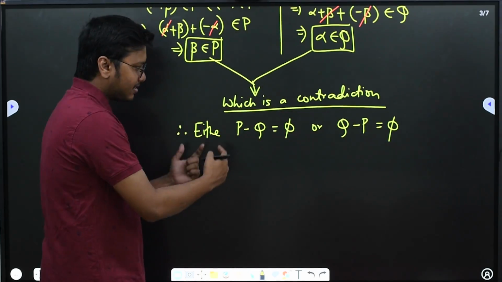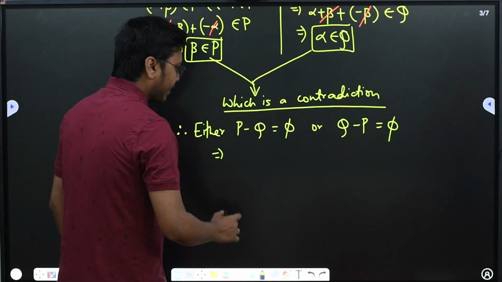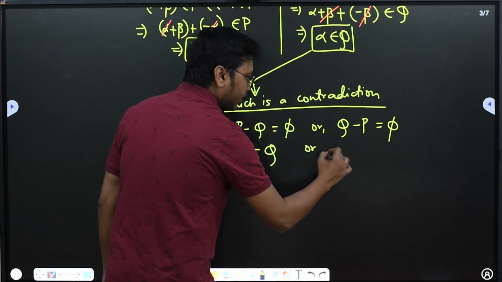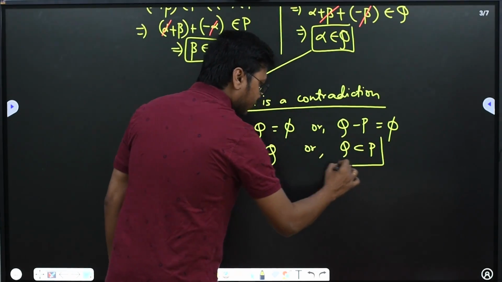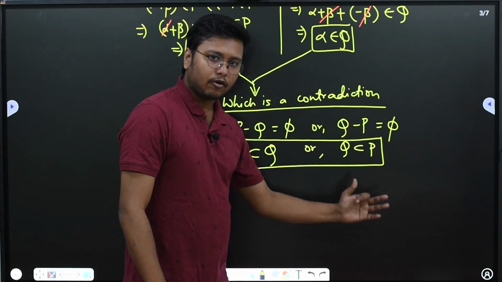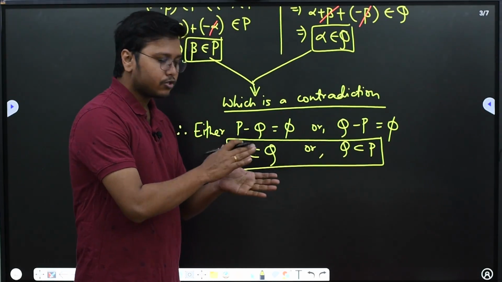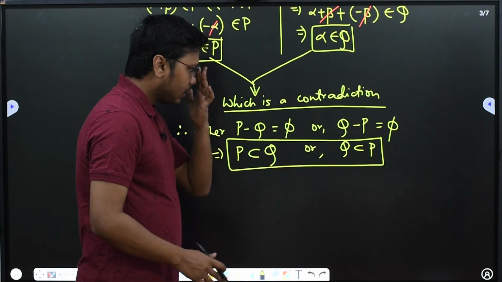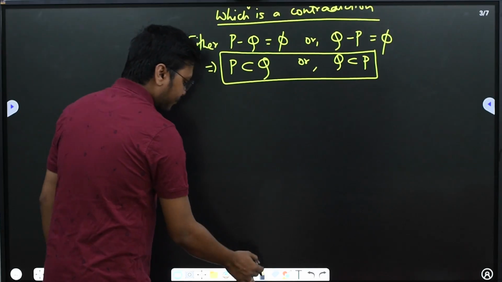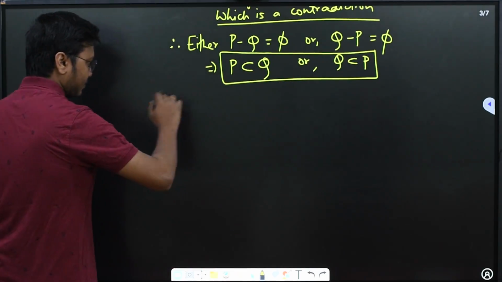Now this same statement just in form of subset if I write, so this means that either P subset of Q or Q subset of P. So this was the required proof that the union will form a subspace if either this is happening or that is happening. So this is just one part of the if and only if proof. Now we need to go to the other part of the if and only if part, where we need to show that if this thing is happening, then the union will be a subspace.